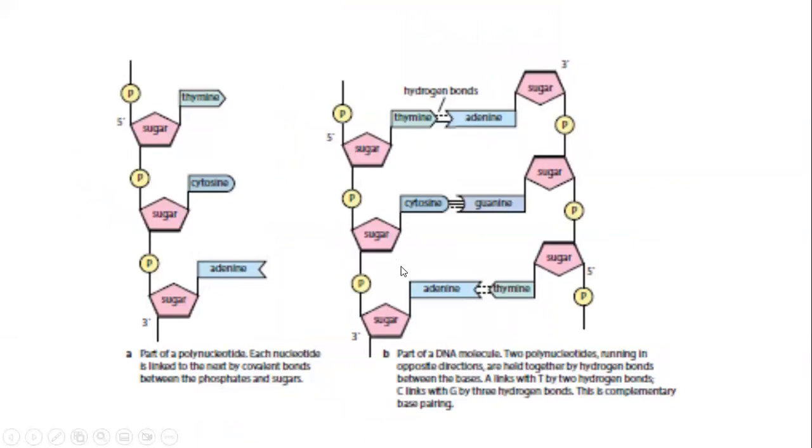So one chain is going to be made in a continuous manner, because the DNA polymerase travels in this direction. The other chain cannot be replicated directly into one long chain because the DNA polymerase does not travel in this direction.